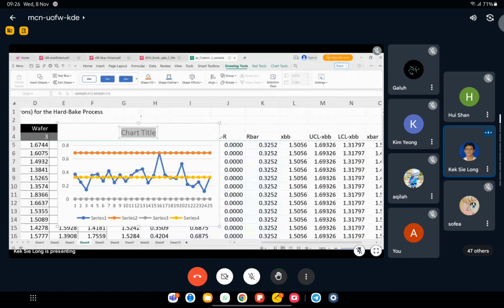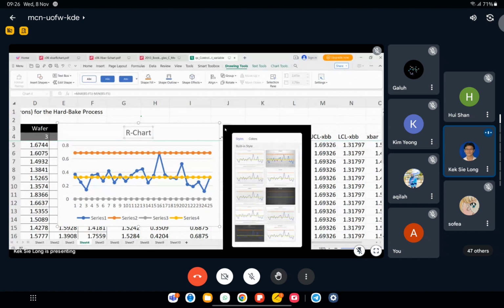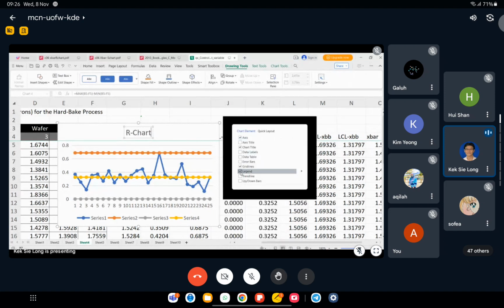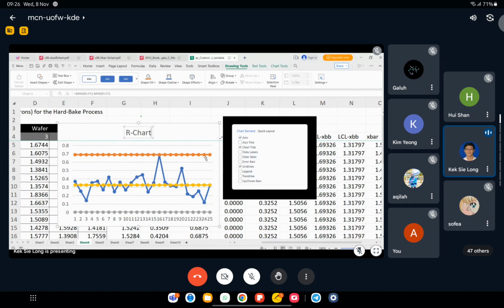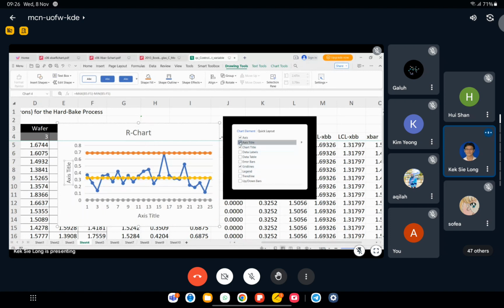So make sure you give the name. Either you put R chart or R control chart. To make it simple, we can just put R chart. Then label. Normally we don't need to have a region. You can label UCL equal to what, LCL equal to what, center line equal to what. And then the most important thing is the axis.